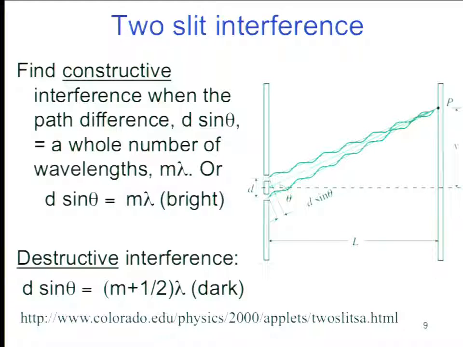So what you get is maxima and minima when n lambda is 2d sine theta. Let me get this right for you.